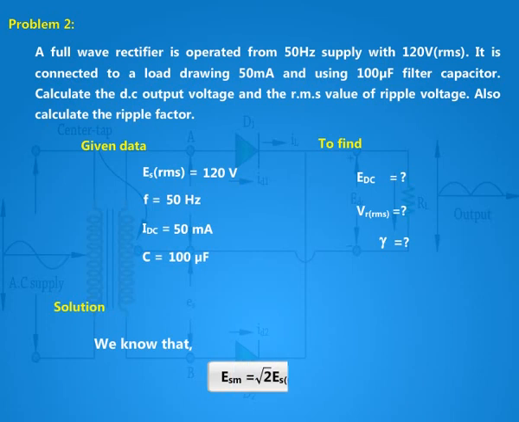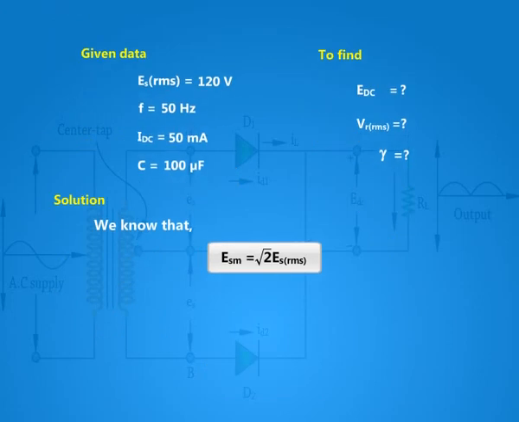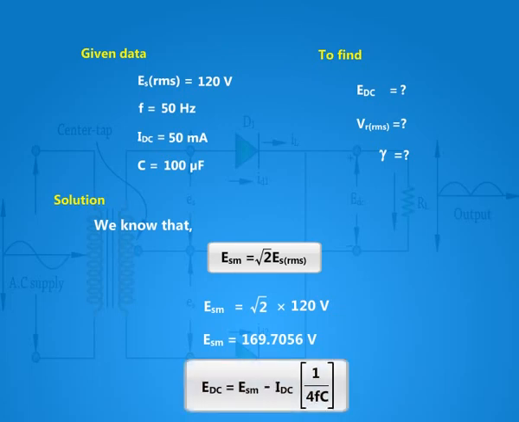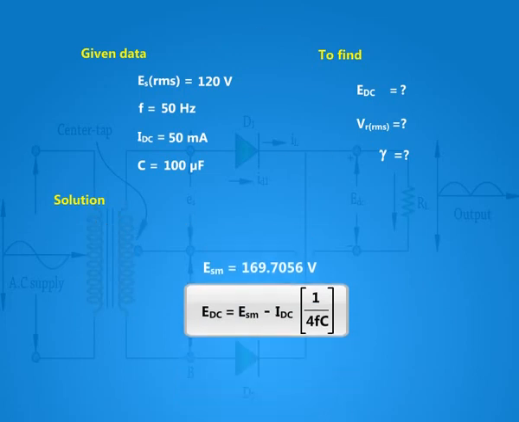Solution: we know that ESM is equal to root 2 ES RMS. ESM is equal to root 2 into 120 volts, which is 169.7056 volts. EDC is equal to ESM minus IDC by 4FC.